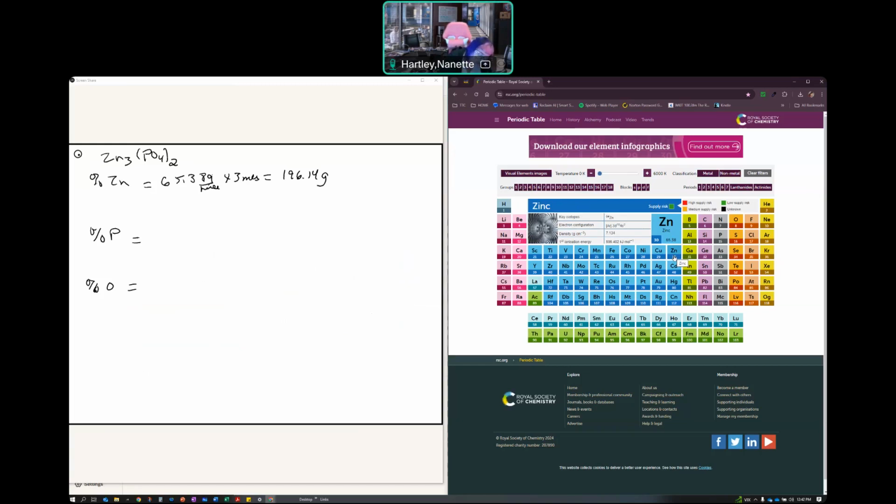If I look at my phosphorus, 30.974 grams per mole times 2 of them, 2 moles, gives 61.882 grams.